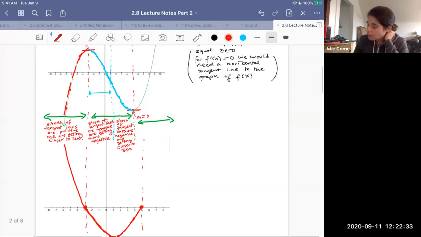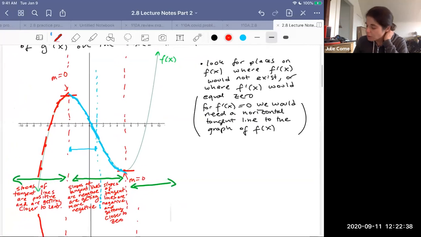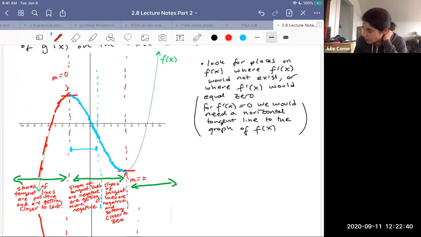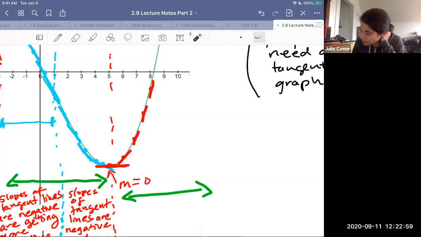Okay. Well, let's look at that last region of our original function. Once I hit an x-coordinate of 5, we saw the slope of the tangent line there was 0. What happens as we look at points to the right of an x-coordinate of 5 and start to draw in some tangent lines? Well, what do I see? I see that all of these tangent lines now have positive slopes.